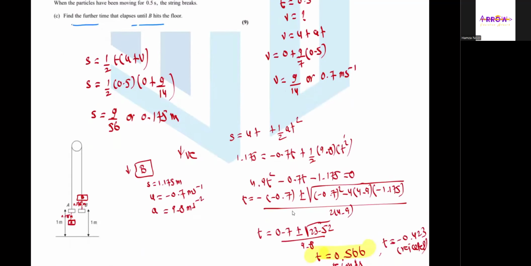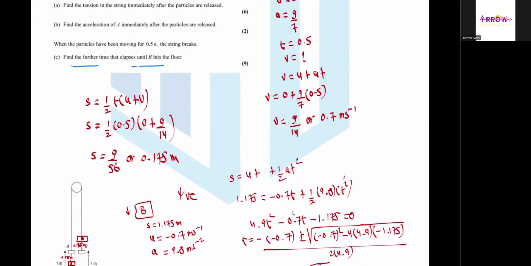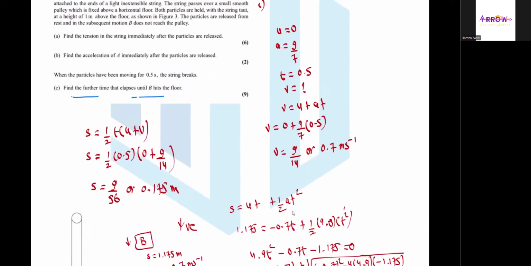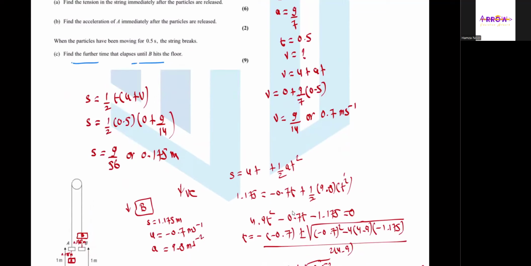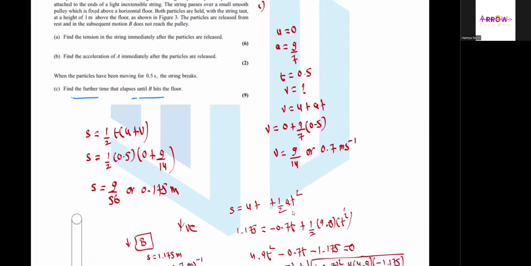Our requirement was to find the further time that elapses until B hits the floor. The further time that elapses after the string is cut, because after the particles traveled for 0.5 seconds, the string was cut. It breaks. This means that the system of this pulley was very weak. It was not strong enough to continue the particles traveling.